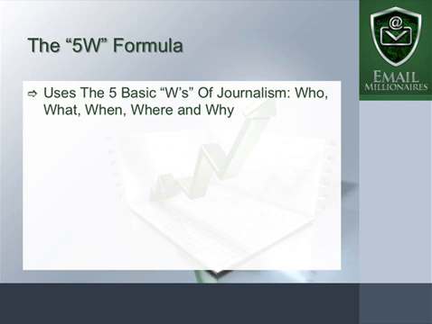This formula is ideal for using the 5 basic W's of journalism: the who, what, when, where, and why. Essentially, any one of these words will give you ideas for starting points of the teaser copy, and the rest is really up to your imagination.